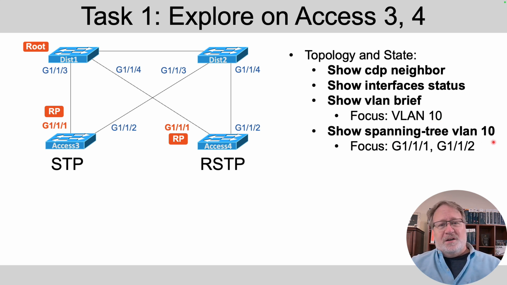And we'll focus on the convergence just in VLAN 10. And I want you to pay attention to those 2 links that are connected up to the switches. This one on the left that'll be forwarding, and then we'll shut it down so it won't be forwarding anymore. And gig 1/1/2, which will be blocking to begin the lab, and then it will eventually reach a forwarding state. All right, so figure that out.